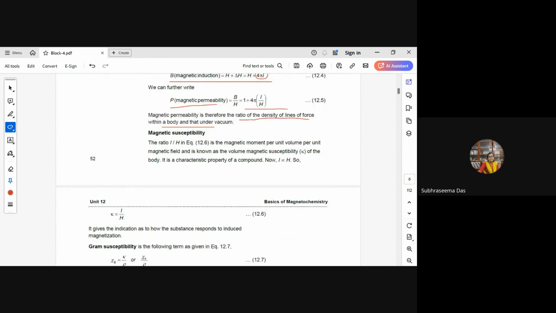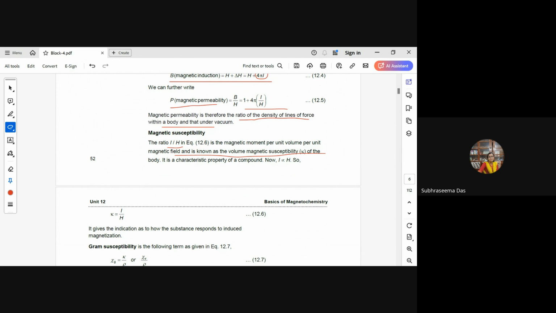Now there is also a very common term in magnetochemistry called magnetic susceptibility. This is the ratio that we have presented in equation 12.5, that is I by H. It is defined as the magnetic moment per unit volume per unit magnetic field, and it is known as kappa, that is magnetic susceptibility.